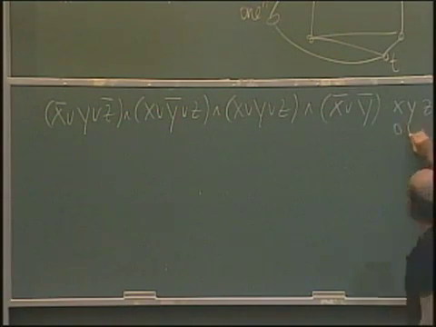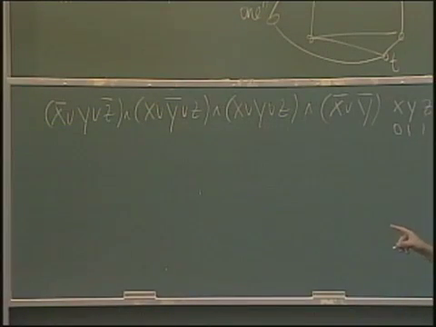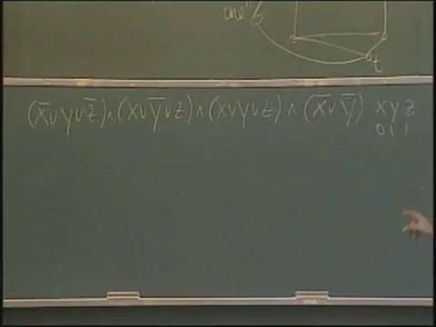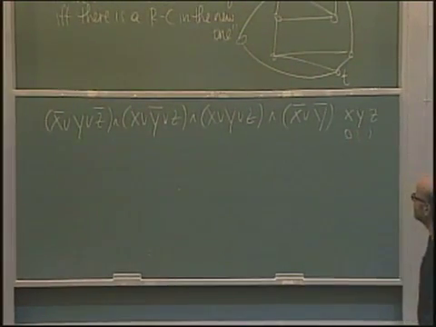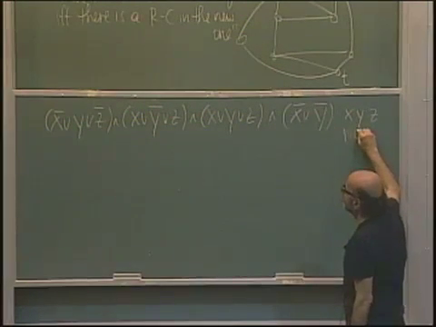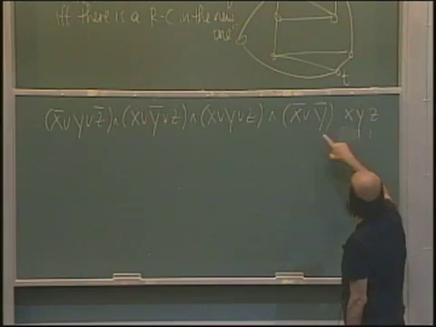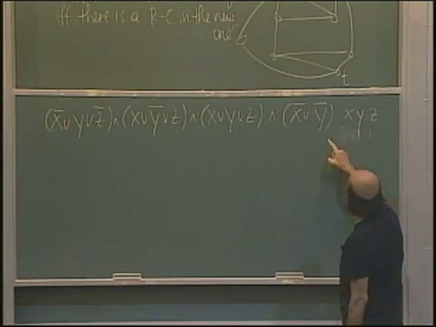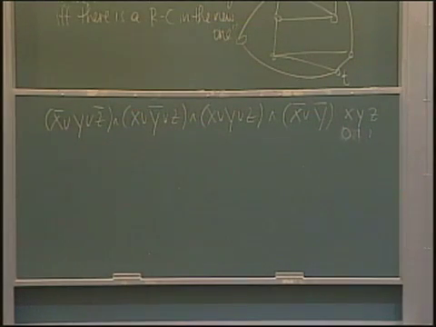I think 0, 1, 1 does it. What do you think? Satisfies the first, satisfies the second, satisfies the third, satisfies the fourth. Oops, no. Doesn't satisfy the fourth. 1, 0, 1. It did? Oh, yes. Oh, okay, sorry. I thought it was Y and Z. Okay, sorry. I'm better than I thought. Okay, good.